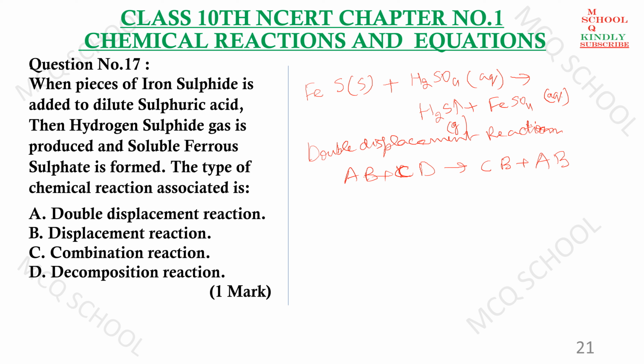So it's a double displacement reaction, as we have seen in the last slides. AB plus CD interchange their partners to form new compounds: AB plus CD forms CB plus AD. Hence the correct answer is double displacement reaction.